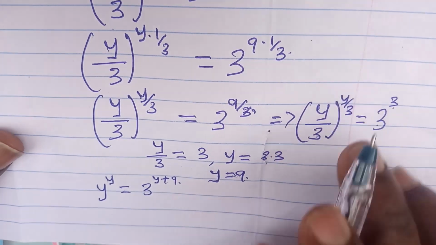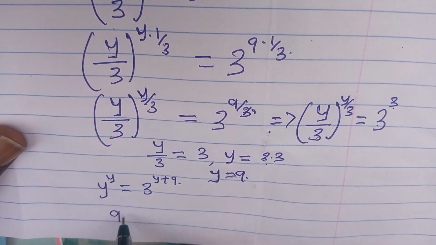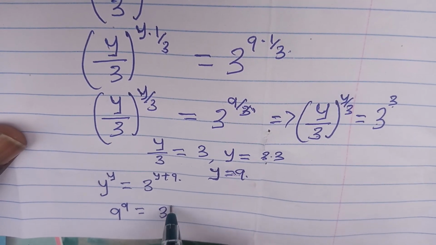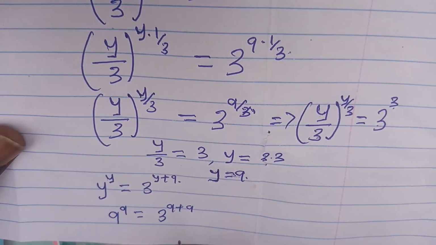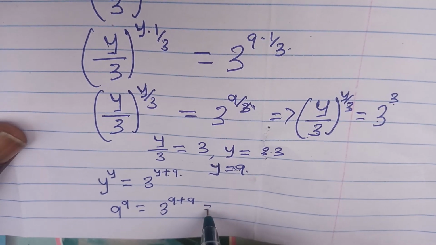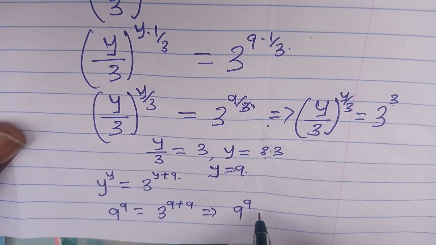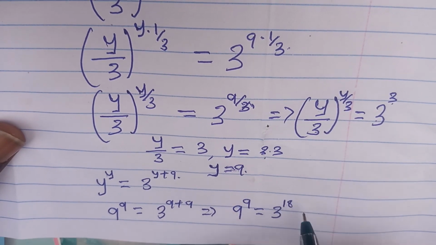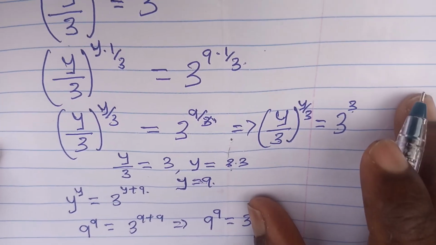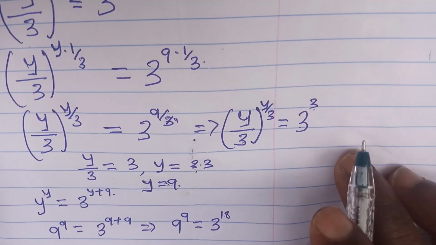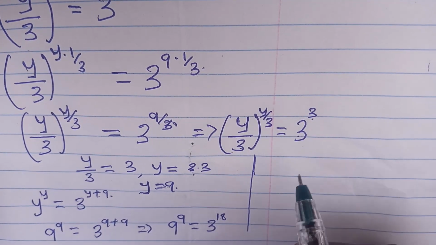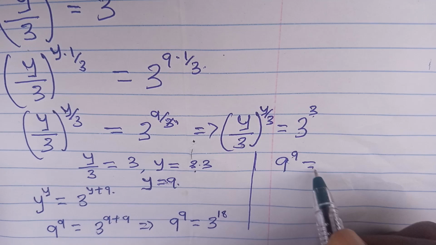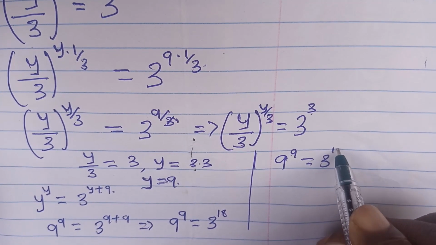So we can say 9 to the power of 9 equals 3 to the power of 9 plus 9, which implies 9 to the power of 9 equals 3 to the power of 18.